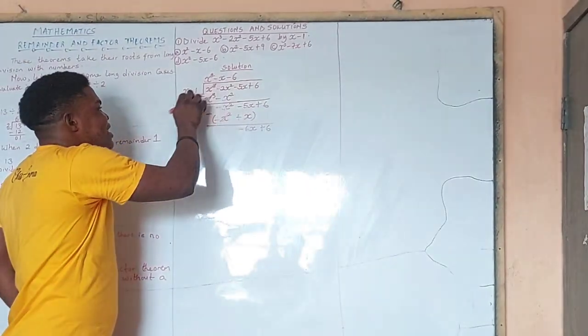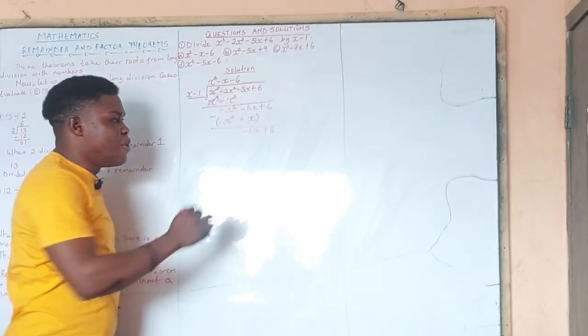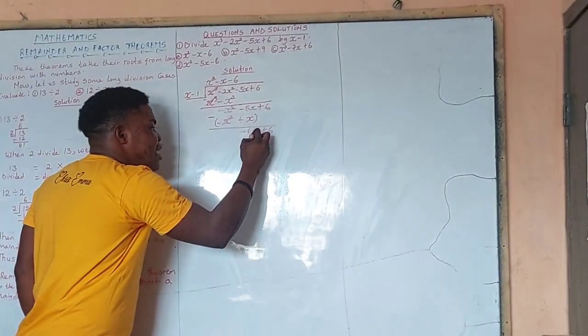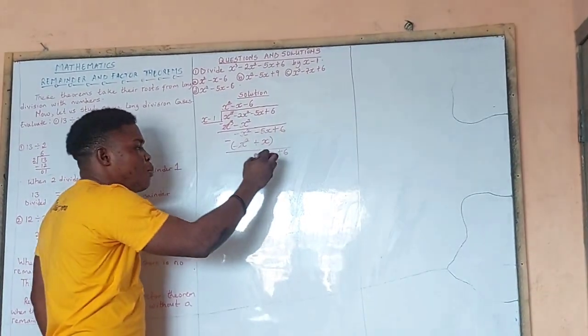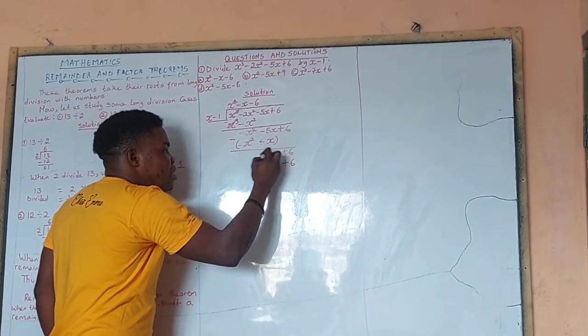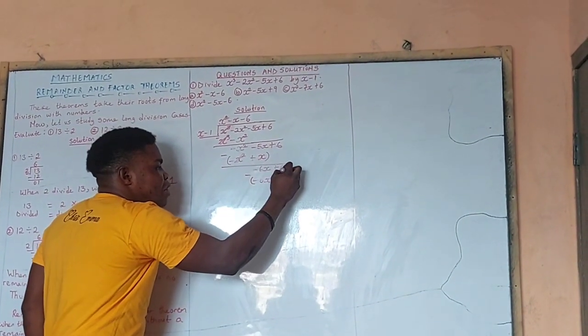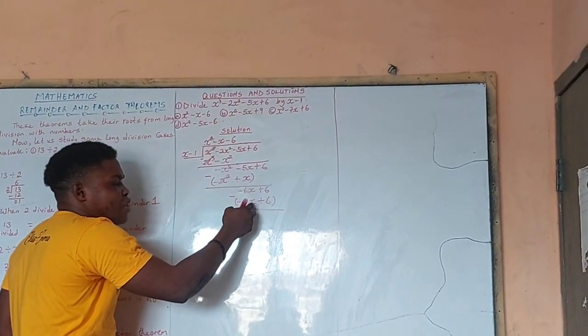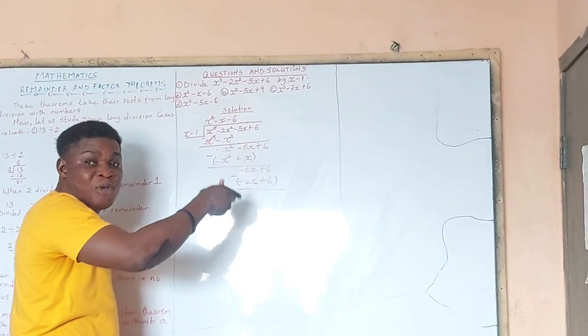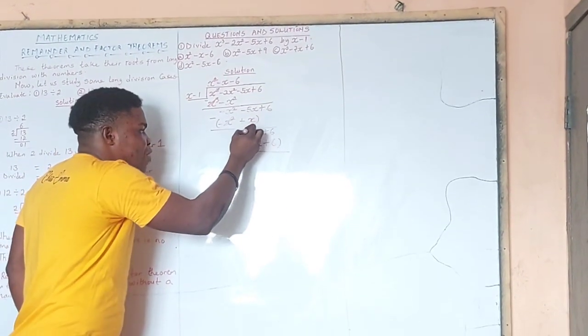Minus 6 times x will be minus 6x. Are we together? Minus 6 times minus 1 will be plus 6. So subtract this again. We are going to subtract this from each other. This is going to be minus 6x minus minus 6x, that will be minus 6x plus 6x. That will cancel each other and be 0.